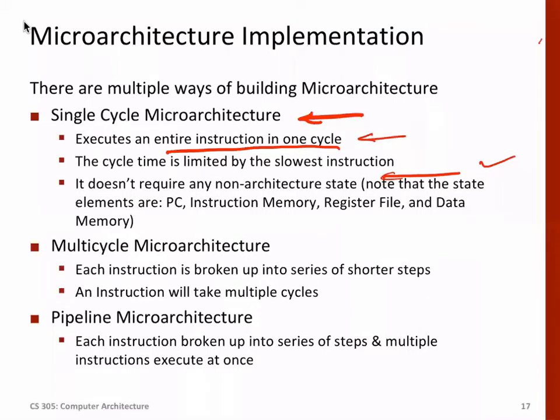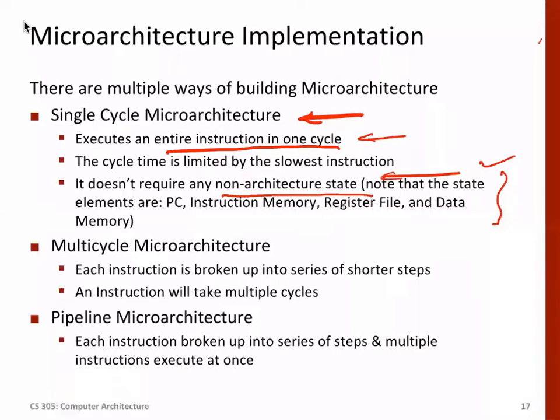Right now in single cycle design, of course, we have state elements, but these are part of the architecture. So when we say non-architectural state, it means the additional registers, etc., that we don't need here in single cycle design.